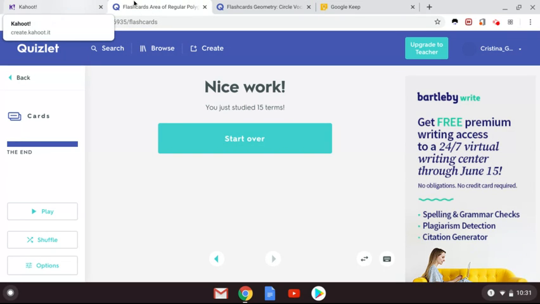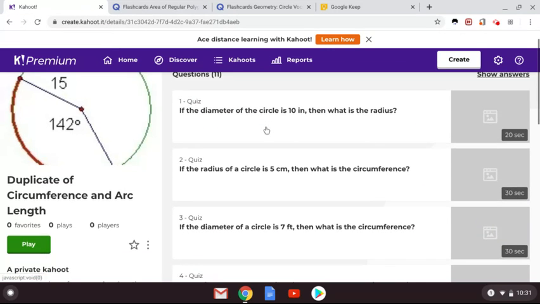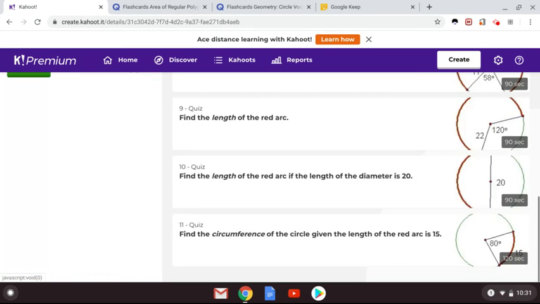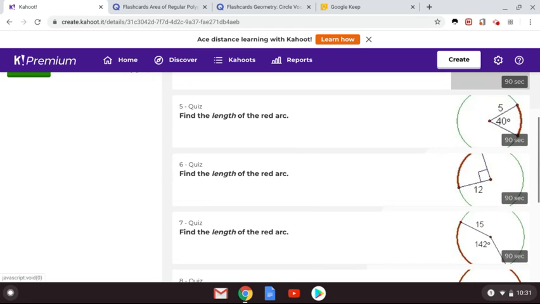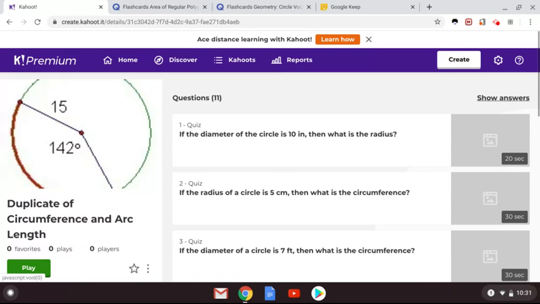So now we're finally going to move on to the Kahoot. This is the one where we have 11 questions, and we are going to go ahead and solve for some of these. So again, you're going to do this either on your computer or your phone. I'm going to go ahead and join right now.